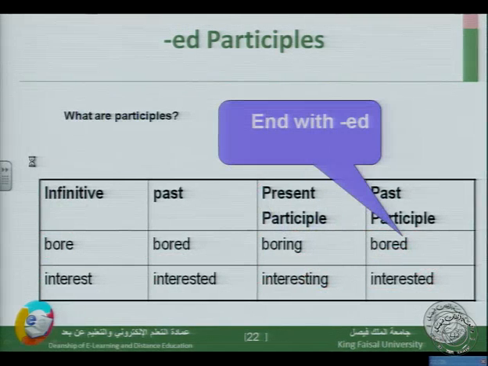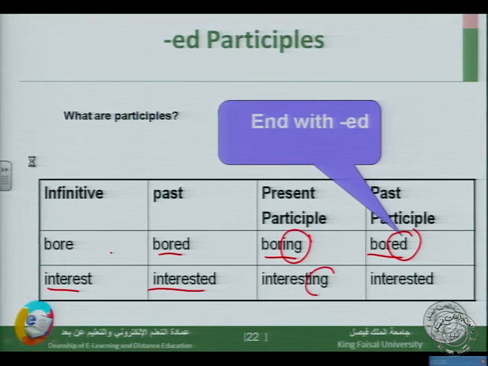While ed participles are the third form of the verb. We said bore, bored, boring; boring is the present participle. Bored is the past participle, and the word should end with ed. Interest, interested, interesting, and interested is also an ed participle.